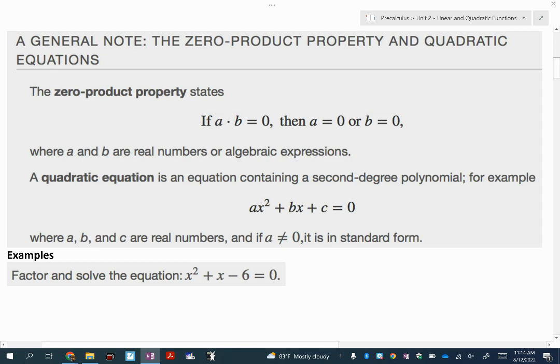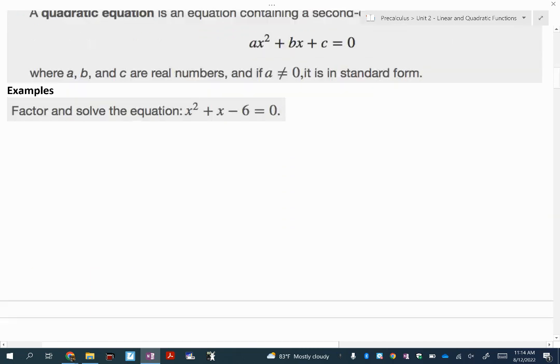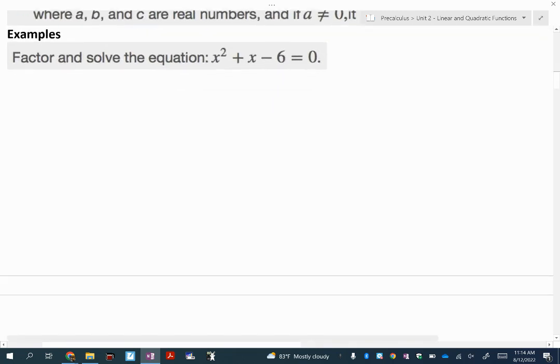So 6 times 0 is 0, 0 times 4 is 0. Essentially, you're trying to factor and then set one of those factors equal to 0. It doesn't matter what the other one becomes, because if one of them is 0, the whole thing is 0. That's the whole reason this exists. I know you can get bogged down in practicing, but just have that in the back of your mind, that that's why we're doing this.